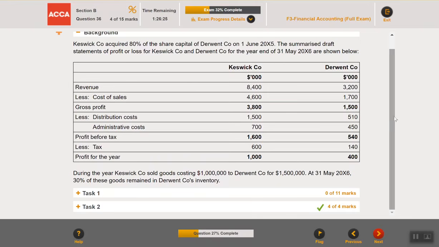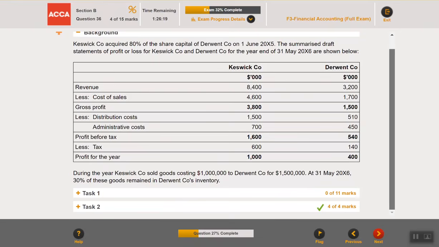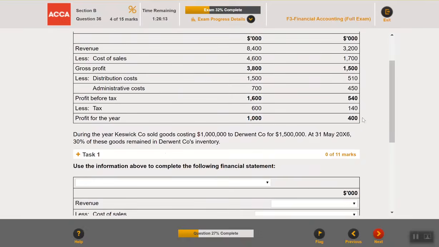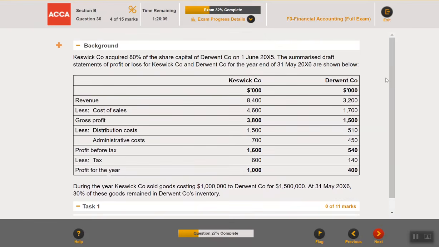So now we are looking at task 1. Task 1 involves specific questions relating to the background, so for that we need to read the background. Casway Co. acquired 80% of the share capital of Derwent Co. on 1st June 2015. The summarized draft statement of profit or loss for Casway Co. and Derwent Co. for the year end of 31st May 2016 are shown below.